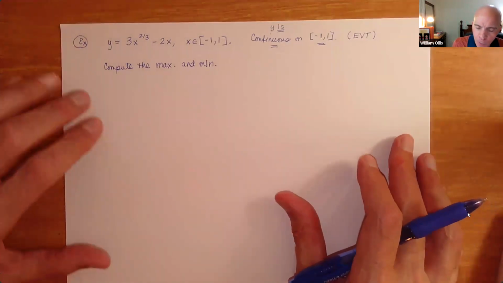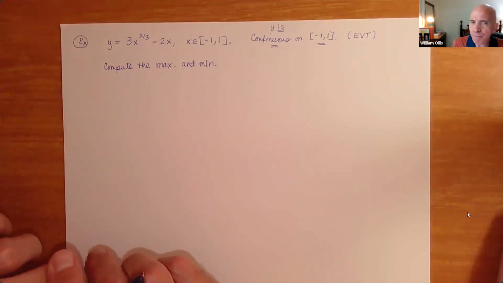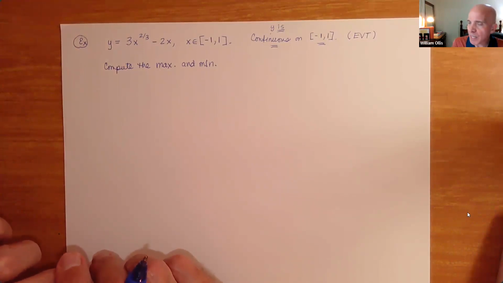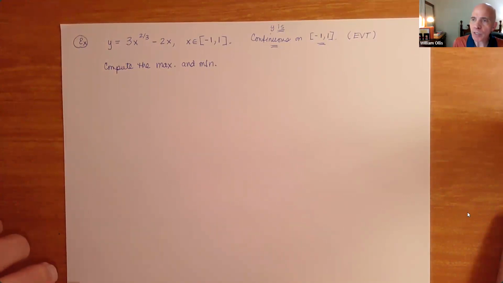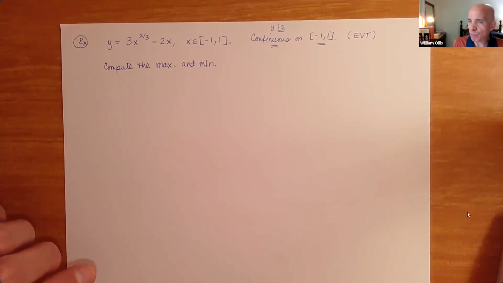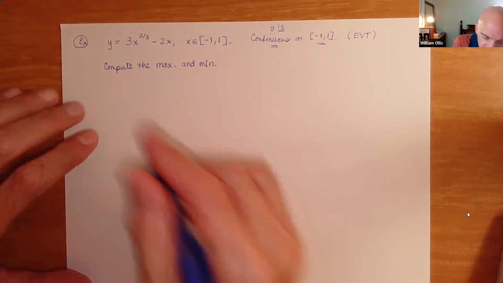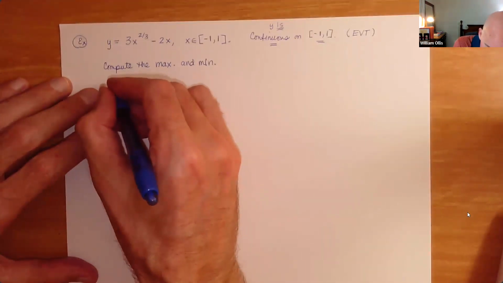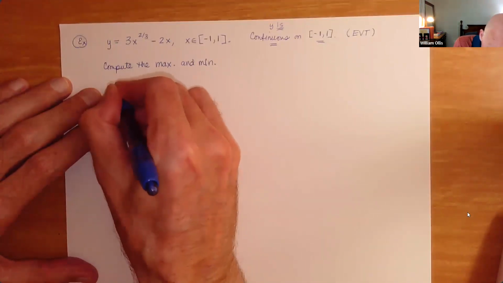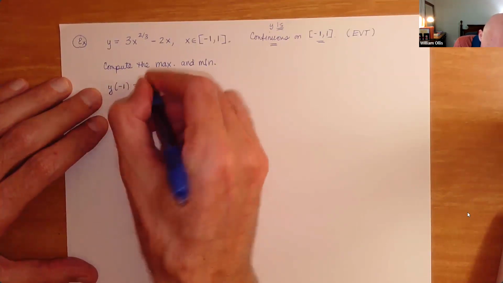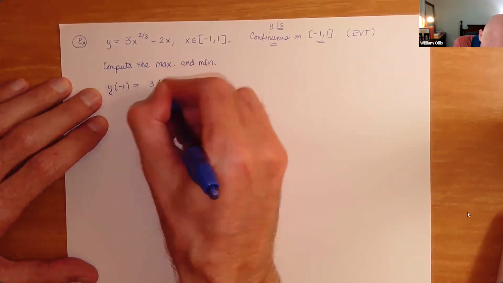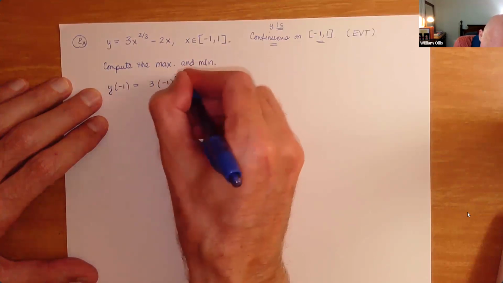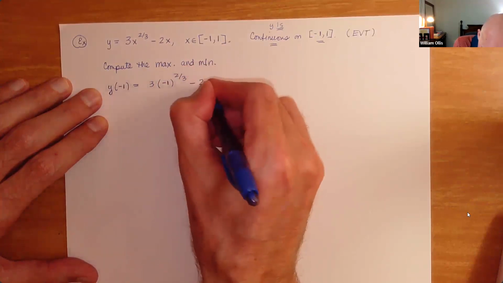So first thing you might say is, well, Professor Hollis, you said we always really need to look at the endpoints, because if the critical numbers don't give us any idea what happens at the endpoints, and we only have interior points, we might as well go ahead and check them. So just as a preview of this, let's just check the values at the endpoints. So we'll say y of -1. This will be 3 times -1 to the 2/3 minus 2 times -1.